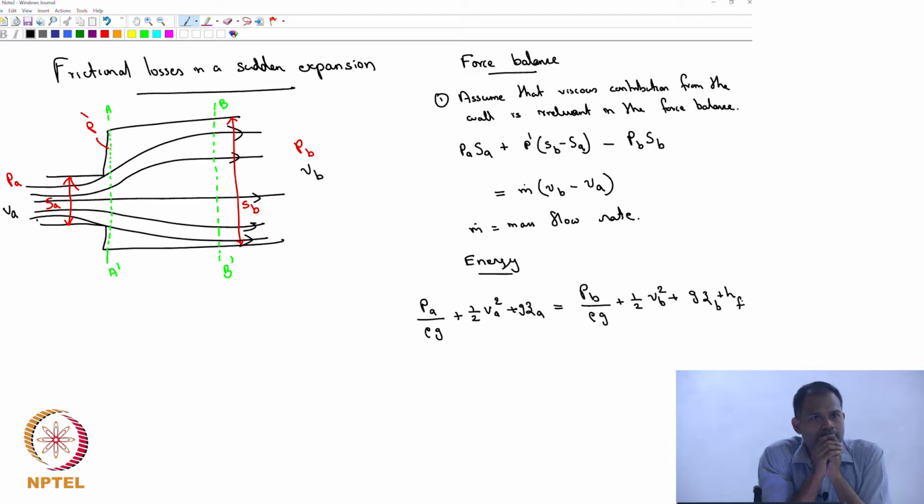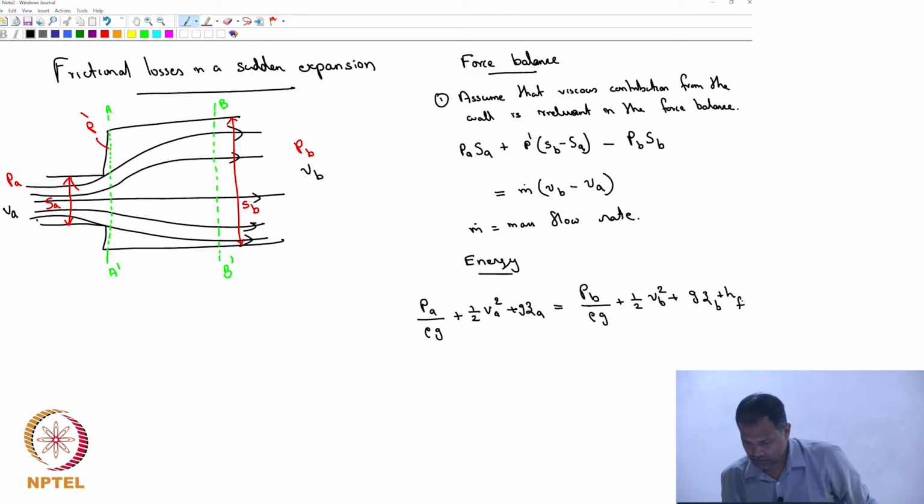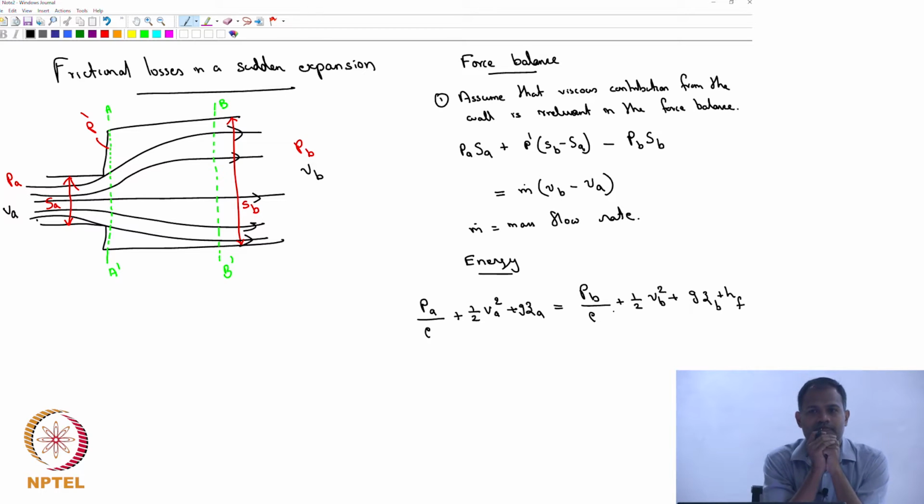Should be P by rho. So P by rho plus half V square, is it? Okay. Is this correct now?